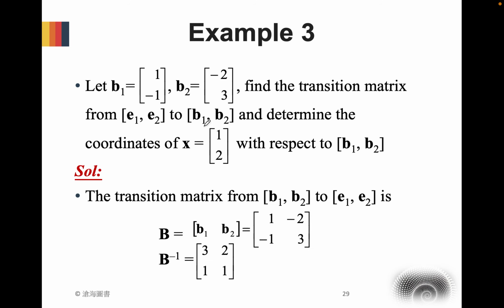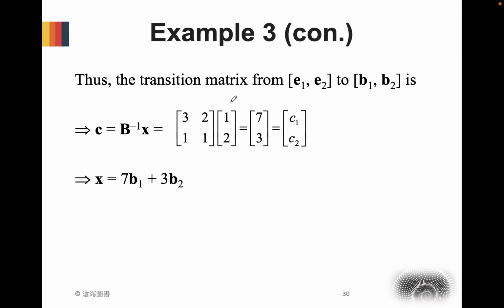Because we first form the transition matrix from B1, B2 to E1, E2. That is just the column vectors 1, negative 1, negative 2, and 3. And then we take the inverse of this matrix, we get 3, 1, and 2, 1. And then we pre-multiply X by B inverse to get C1, C2, so that we can get 7, 3.